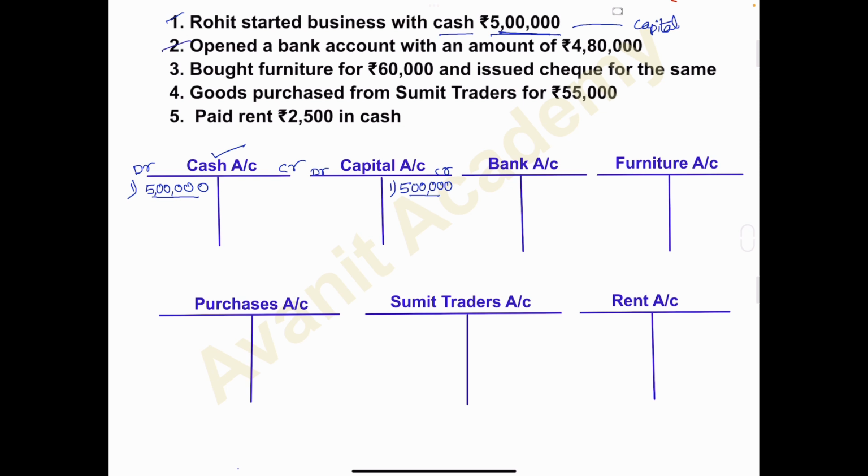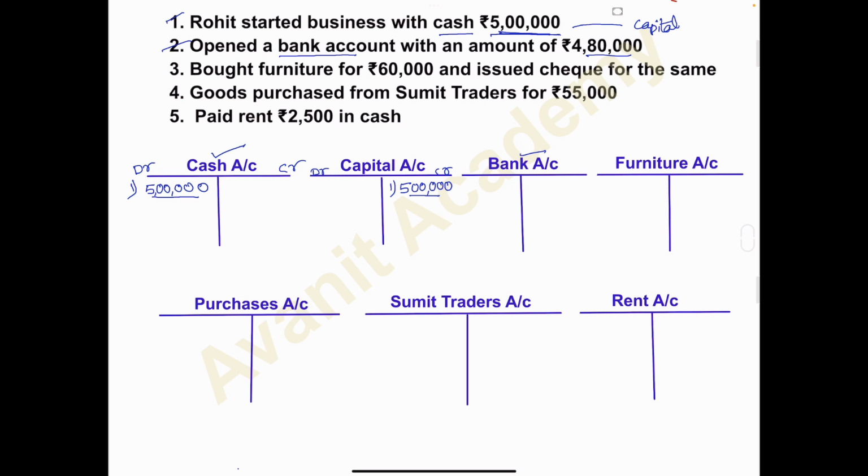Clear this first transaction? Second one: opened a bank account with an amount of rupees 4,80,000. Cash at bank is an asset. For that, we have to prepare the bank account. Opened a bank account means cash comes into the business. Here the cash at bank balance will increase.